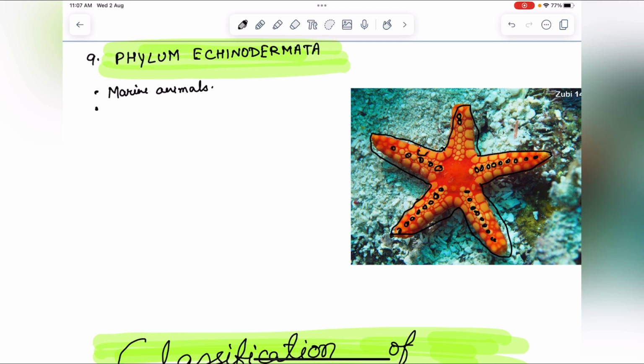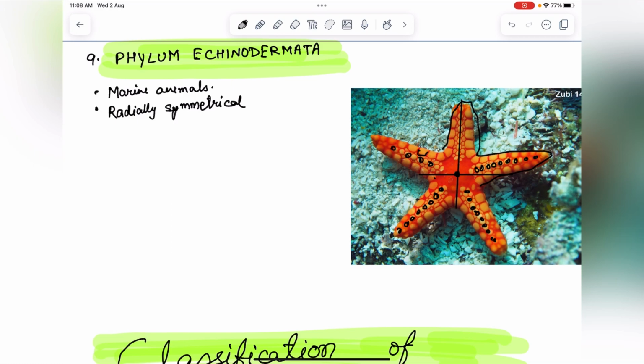They are radially symmetrical. Can you see? If we divide the organism from the center, it will be two equal halves. Phylum Echinodermata are radially symmetrical, and one more phylum is radially symmetrical. Which phylum is that? That phylum is Cnidaria.